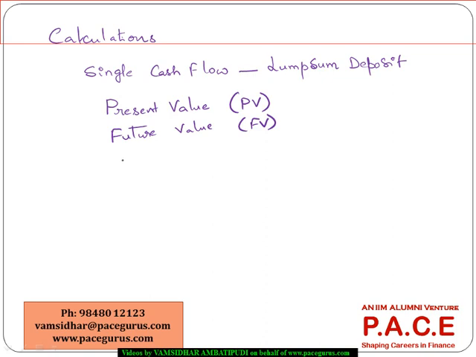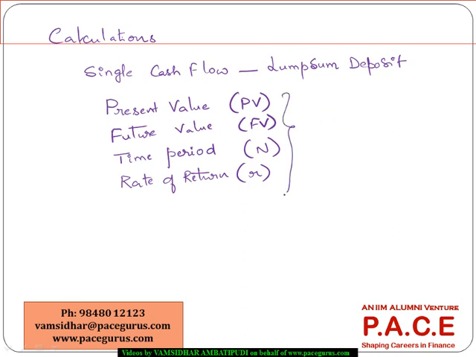Then we are looking at the time period, N, the number of years for which I have invested it, and the rate of return that the investment is going to earn during this period, which we call the interest rate R. So generally, to find the relationship between these elements, assume that I am just going to deposit for 1 year.